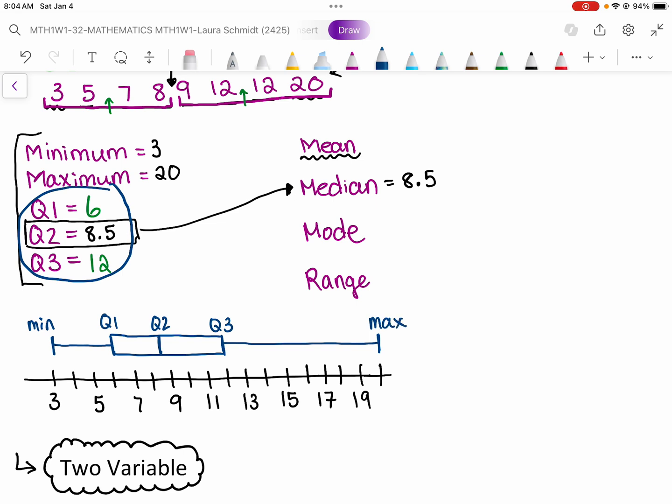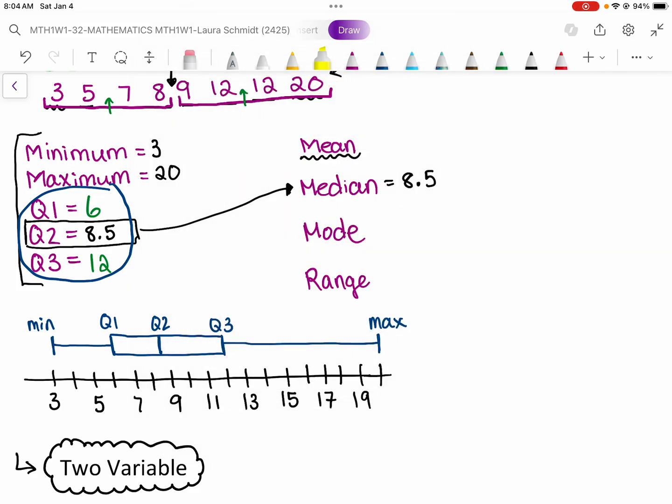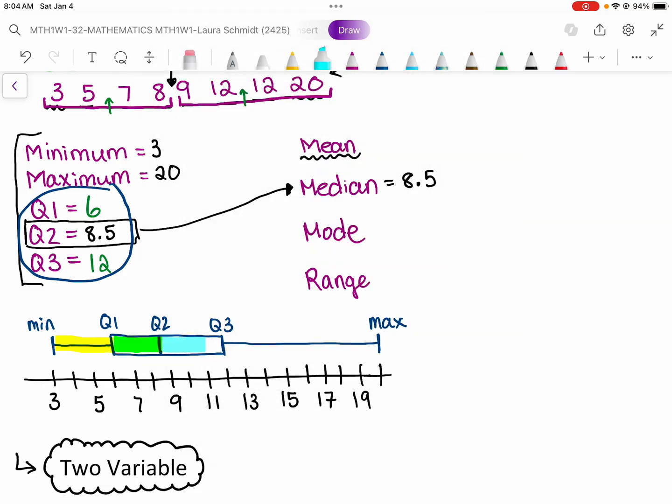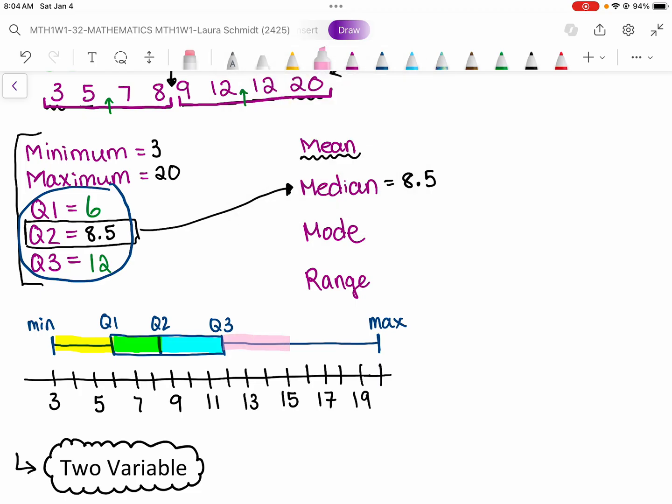It's also important to know that 25% of the data is in each section. So 25% of the data is right there. 25% is here. 25% is in here. And 25% is here. They're all split into equal quarters.